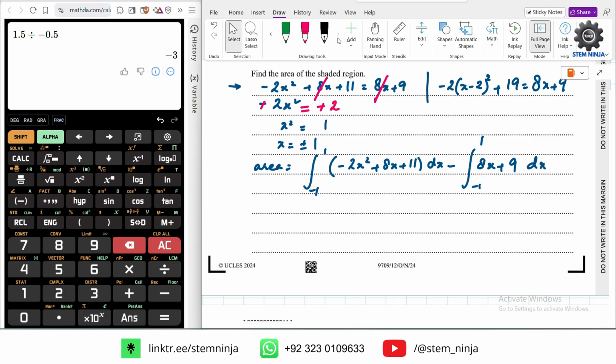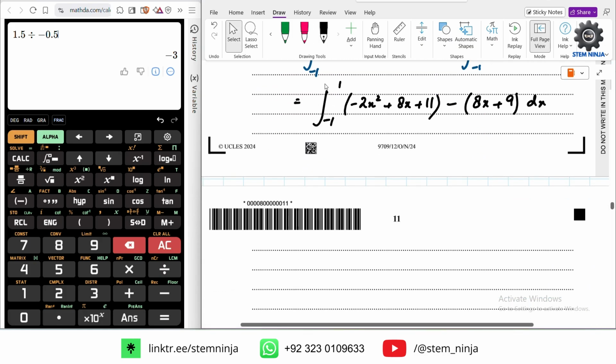Alternatively, what you could have done is minus 1 minus 2x whole squared plus 8x plus 11 minus 8x plus 9 dx. Either way that would be fine, but the second way is more straightforward.